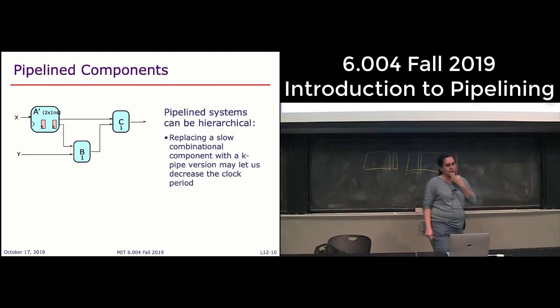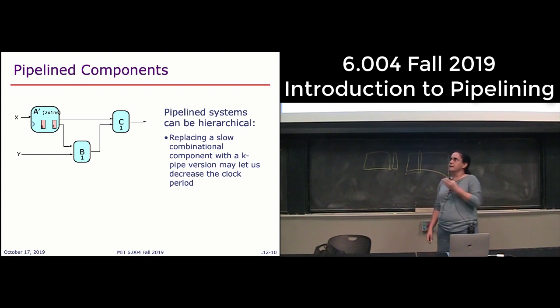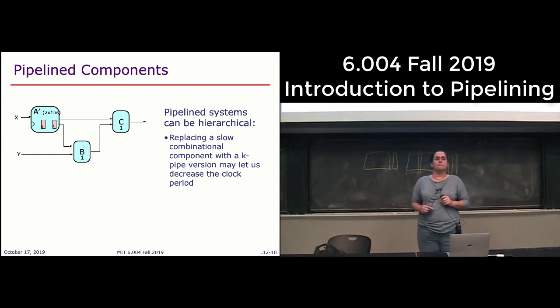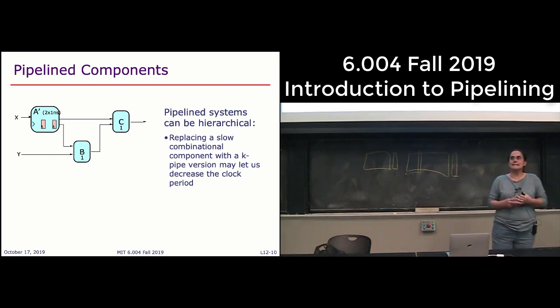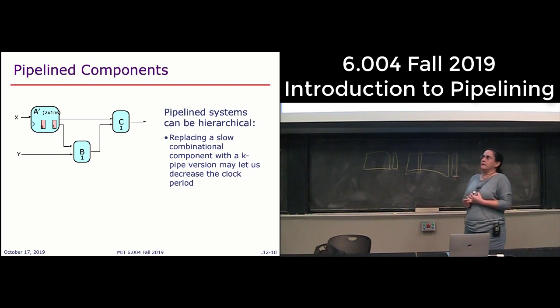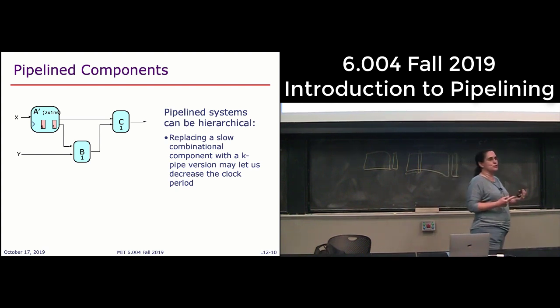Okay, so one last thing with regards to pipeline components is that another way of improving the performance of pipeline systems is, suppose that I take this module A, which had a latency of 2, and as it was, I couldn't make my clock period be any better than 2.